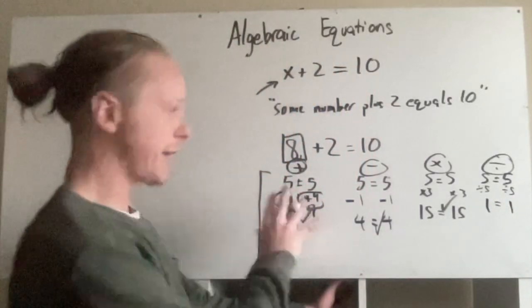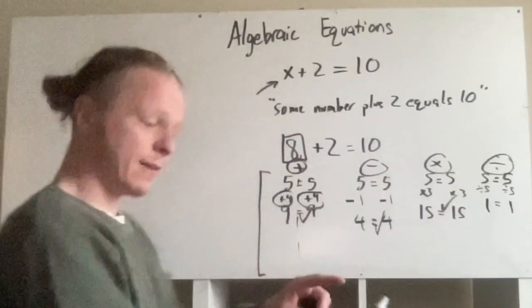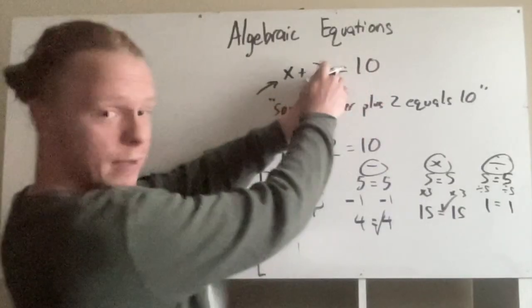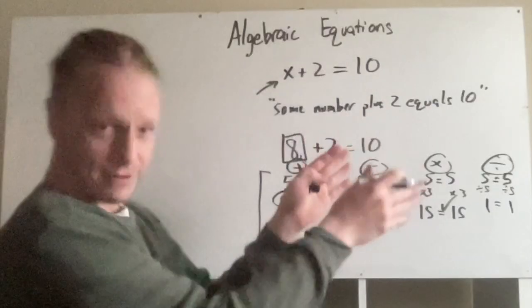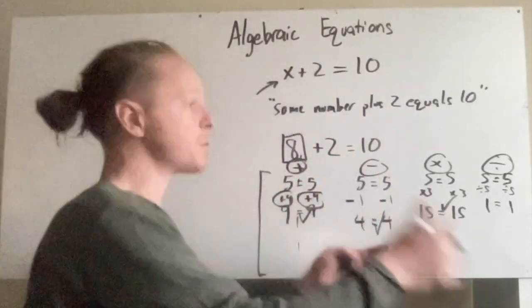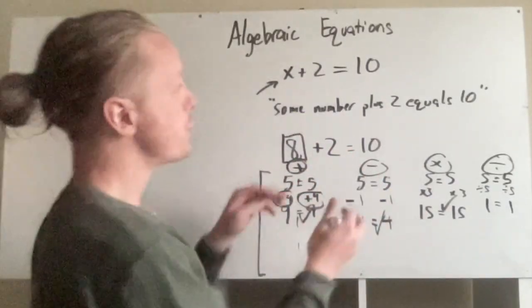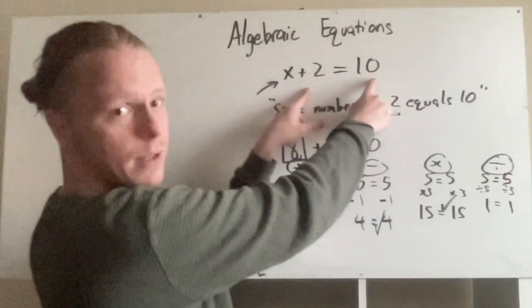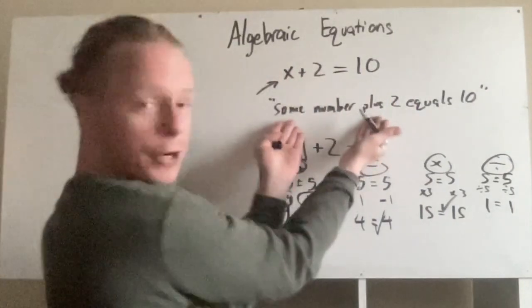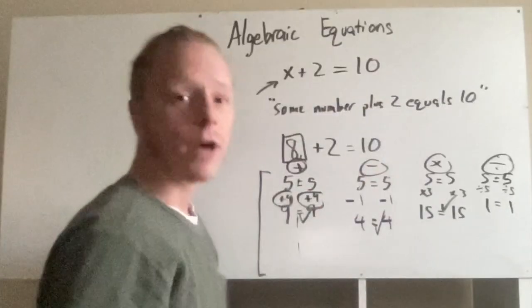So again, to reiterate, if I have an equation with an equal sign, I can add, subtract, multiply, and divide. As long as I do it to both sides of the equal sign, whatever I get underneath will still be equal to one another.